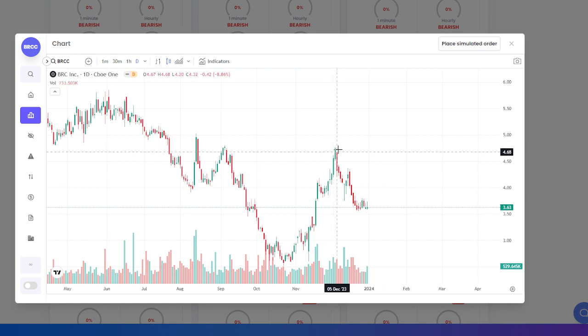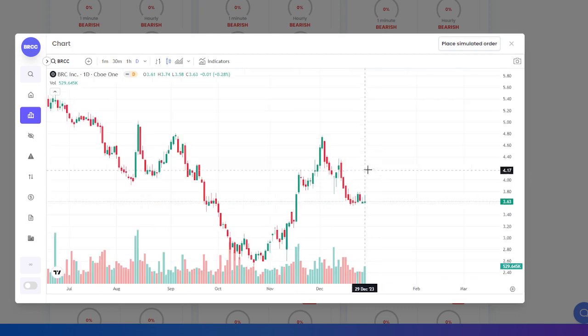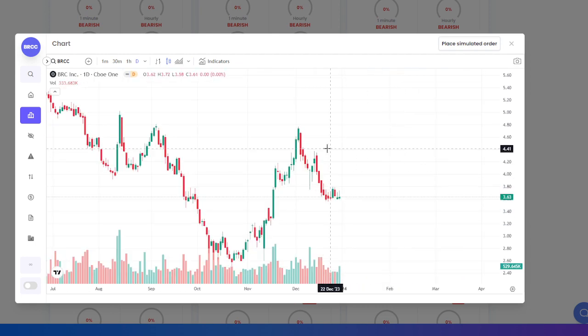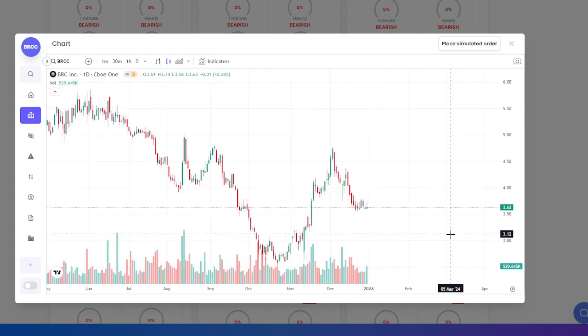You were supposed to catch it up here, but you're gonna be shorting a little later into the downtrend. And you just make sure it's a more safe trade because you can put your stop loss above this high or above these highs, and if it keeps going down then you can profit.